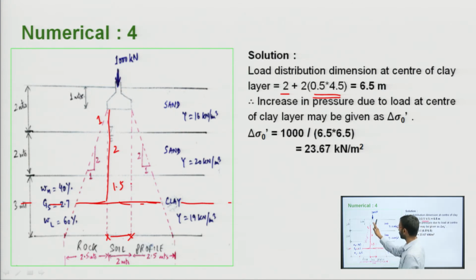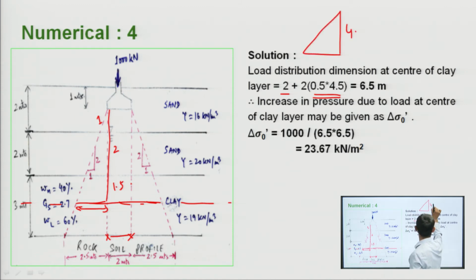Now if this is 4.5, the corresponding value here will be, it will be 2:1. So let us say we found out that this is the 4.5 value, and you have to find out this value. So this is a 2:1 spread, so 2 is here, 1 is here. So this will be 0.5 of 4.5, that is half the value of 4.5.